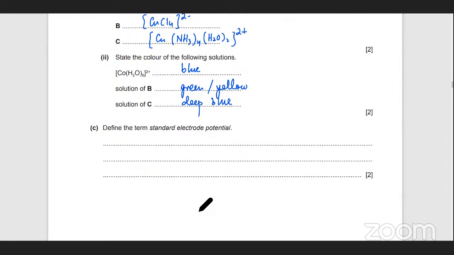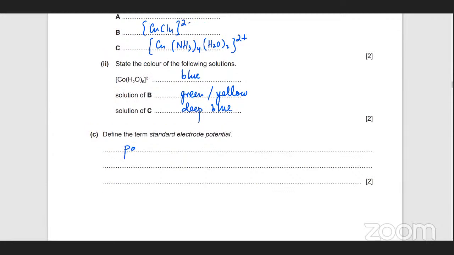Where standard electrode potential has to be defined. So what is the standard electrode potential? The difference between the SHE and standard hydrogen electrode. It's the potential difference. ठीक है, sir, your answer is right.